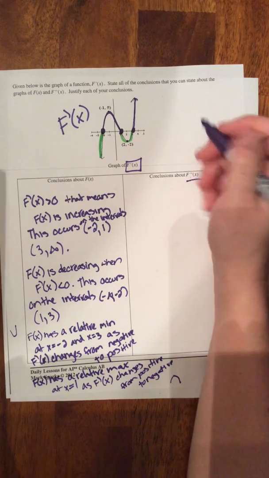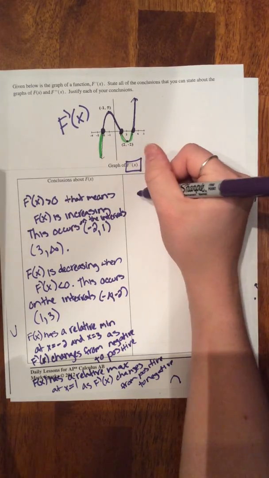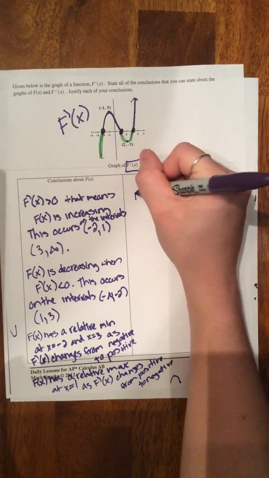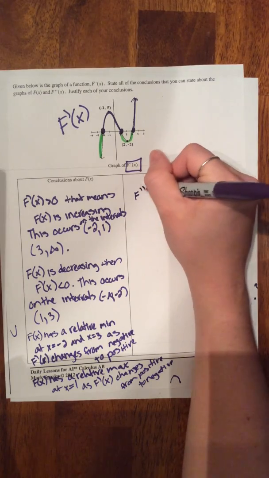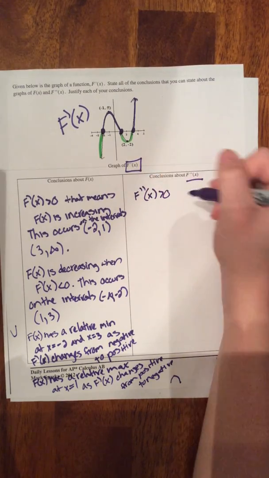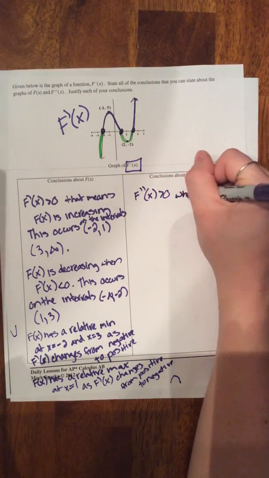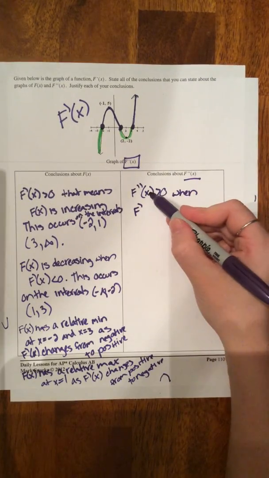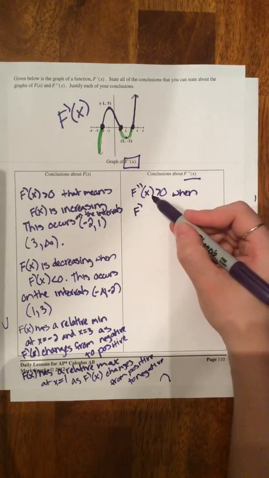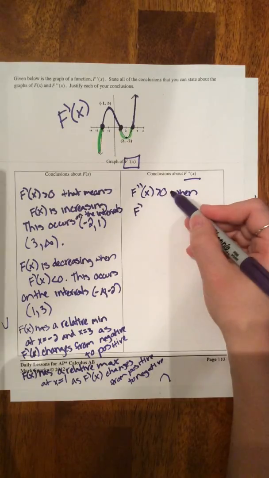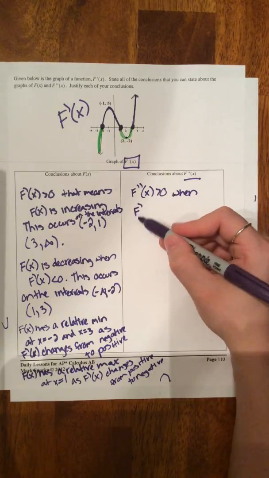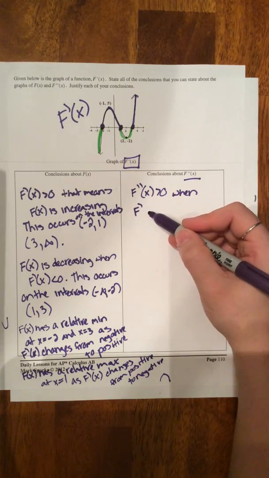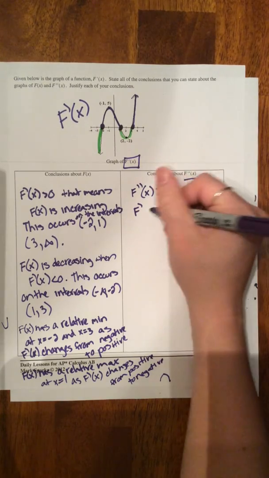So let's say I want to know when f double prime is going to be greater than 0. Think about this, if I just said f prime is greater than 0, that would mean the slope is greater than 0. Slope is positive when whatever function we're talking about, whatever it's the derivative of, is increasing.